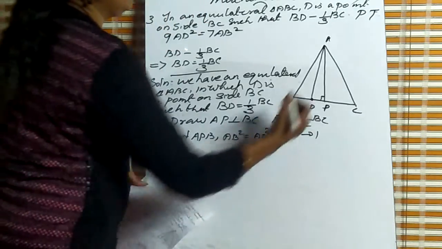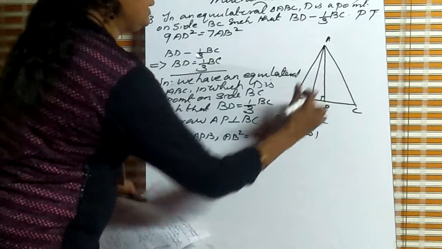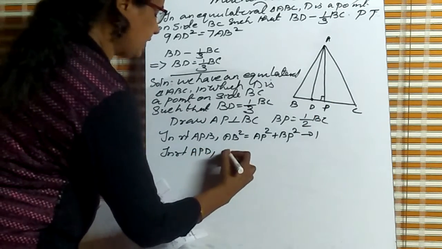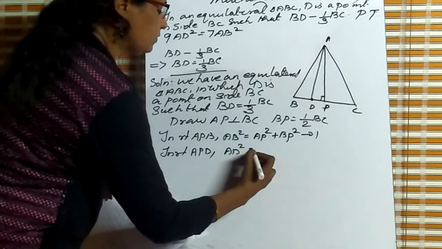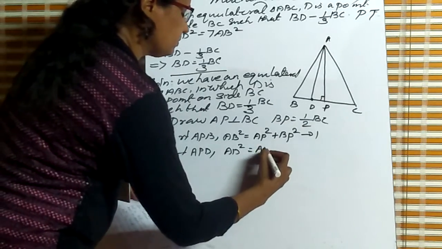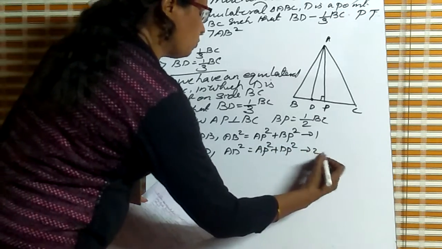Equation 1. Then in the second right triangle APD, what is AD square? AD square is equal to AP square plus DP square. This is equation 2.